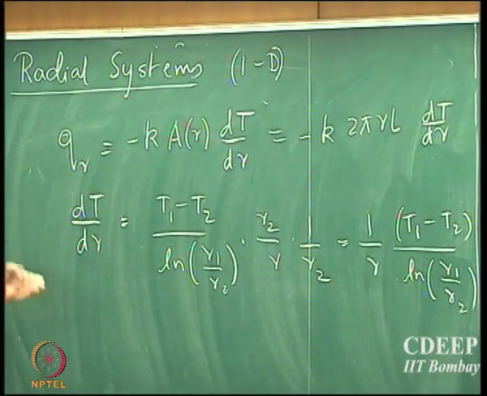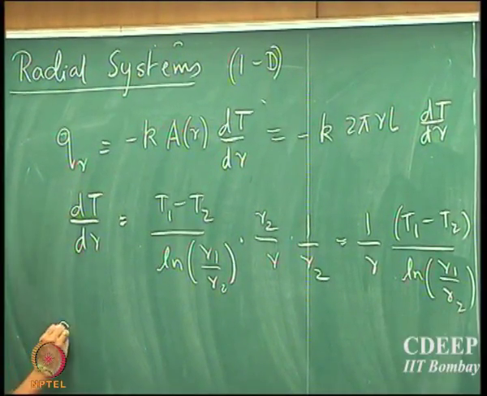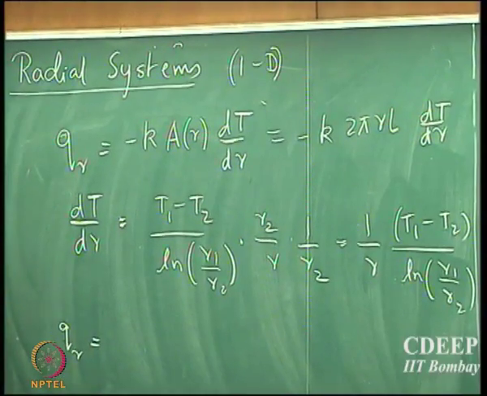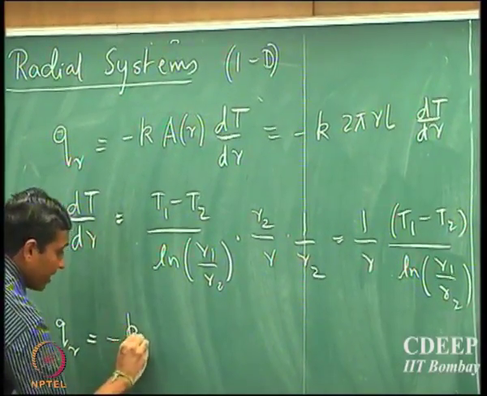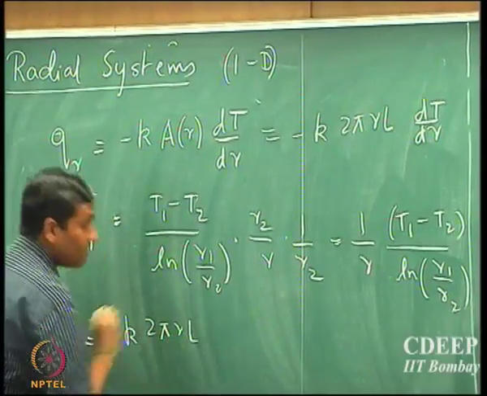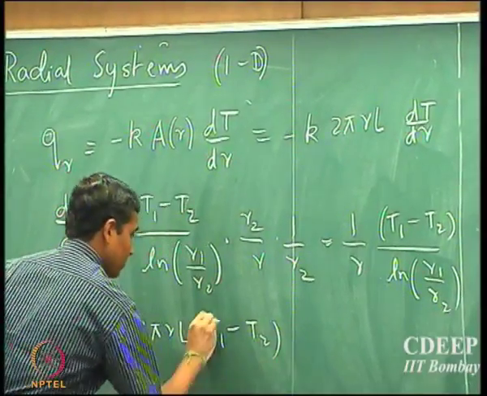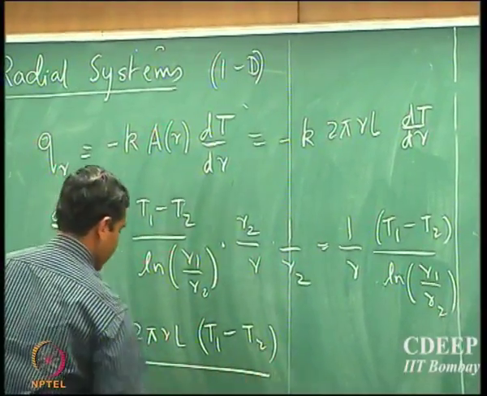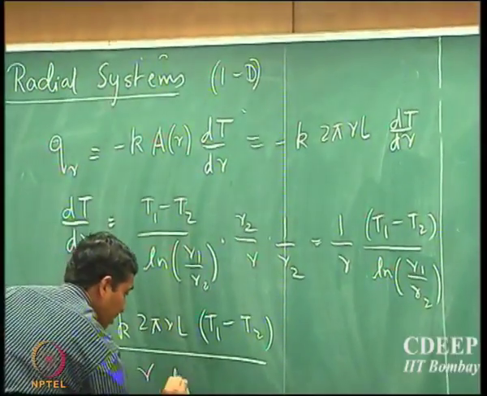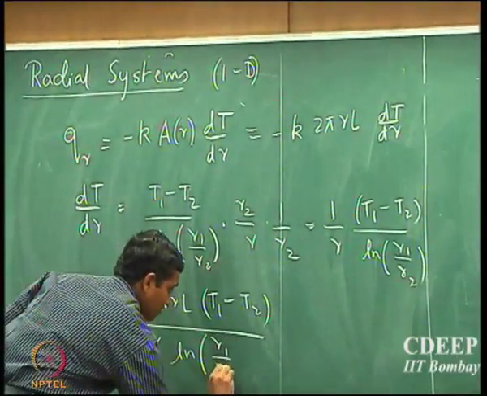So I can substitute the gradient, and so that will be Qr equal to minus k 2 pi rL into (T1 minus T2) divided by r into ln(R1/R2).